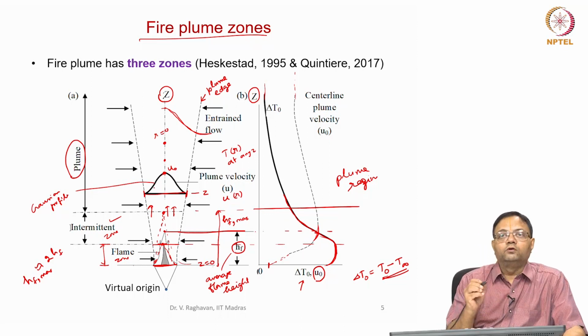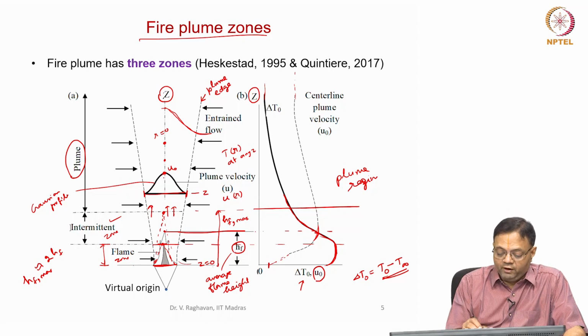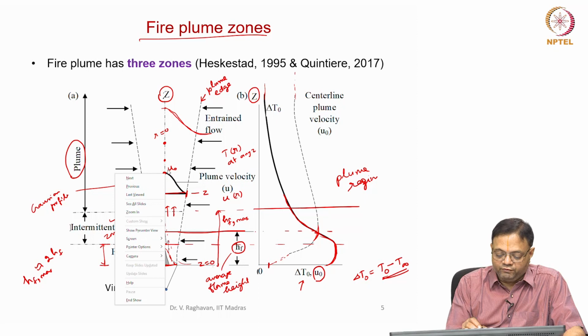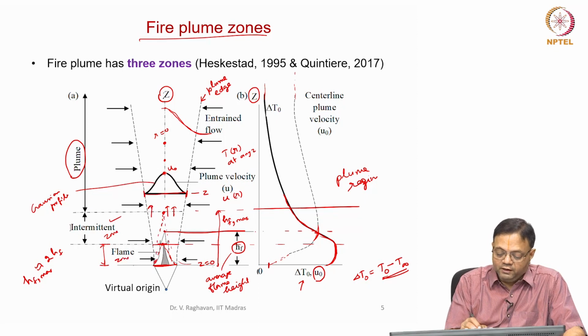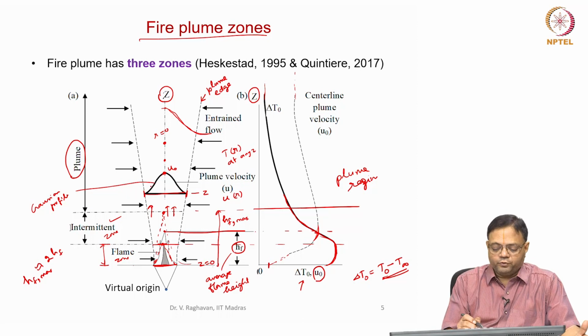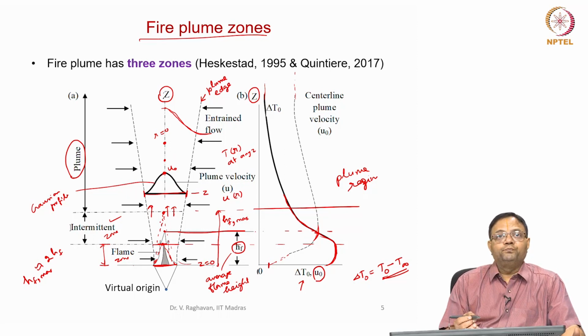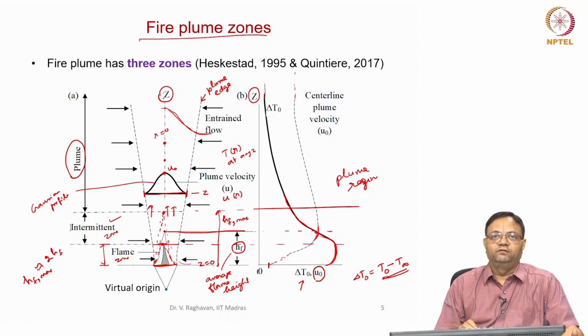Now, how will you get the velocity profile? You take the velocity at the center plane or the reference axis, then you measure the velocity and determine the edge of the plume. This is the edge of the plume where the velocity goes to 0. Normally I can define the velocity profile like this, and the temperature profile is similar, and determine the plume radius or plume diameter based upon these profiles.